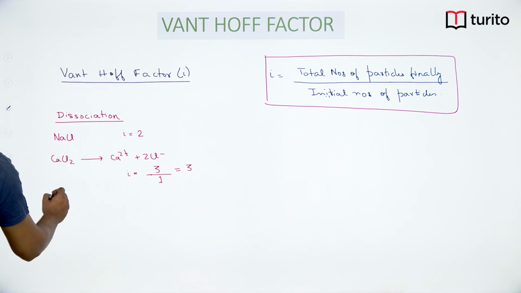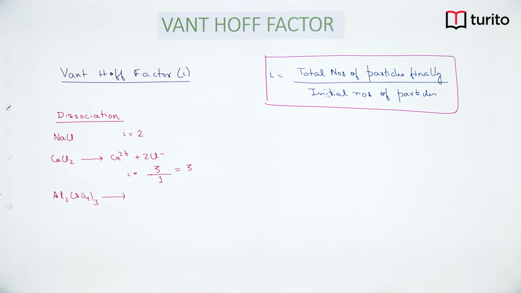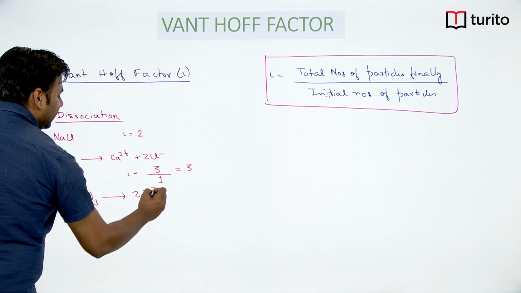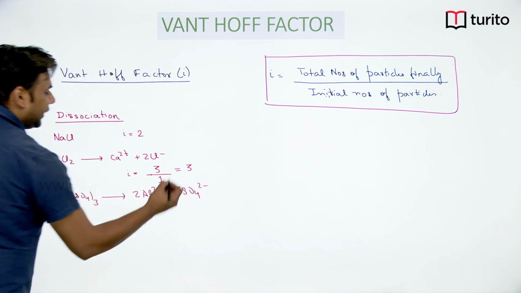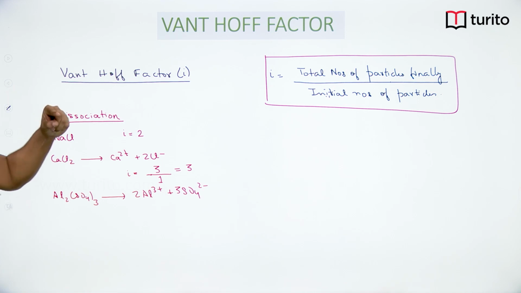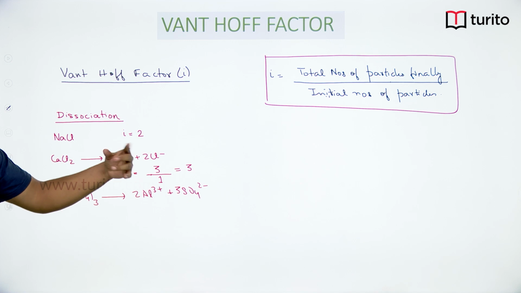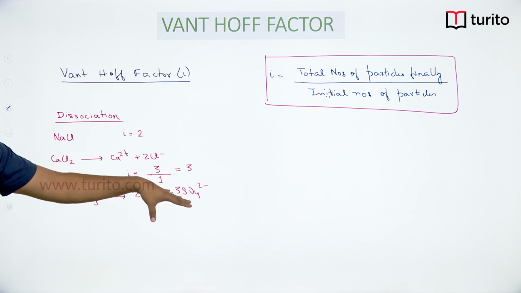Similarly, suppose you added Al2(SO4)3, aluminum sulfate. If the degree of dissociation is 100%, this would break into 2Al3+ plus 3 sulfate ions. So you added only one Al2(SO4)3, but in the solution it broke into 2 Al3+ and 3 sulfate ions. So effectively 5 ions came into the solution.